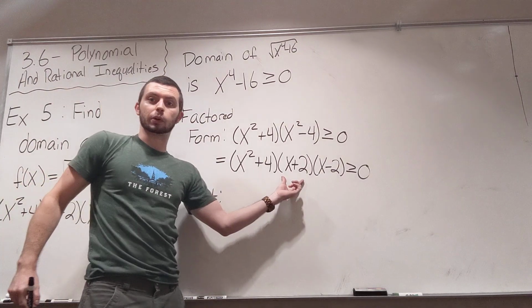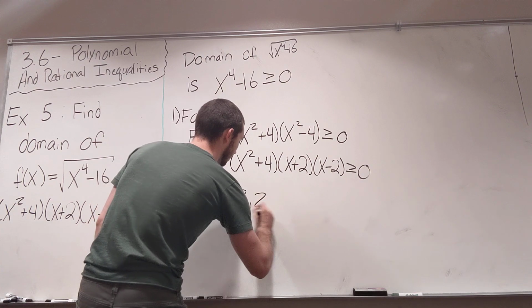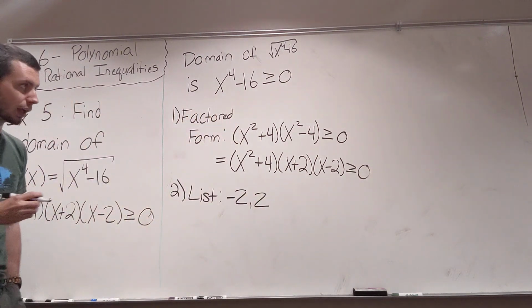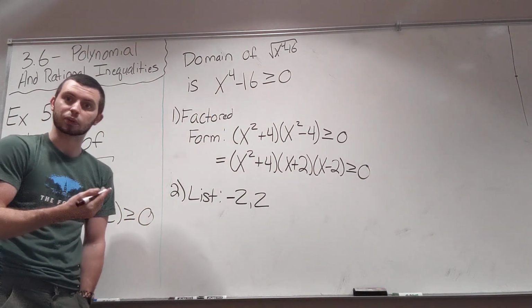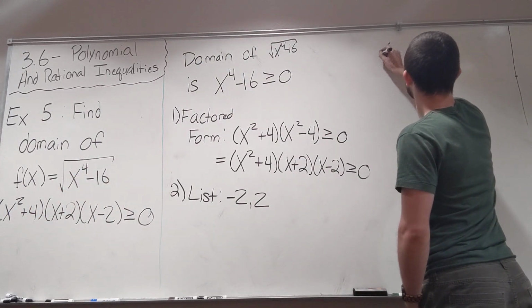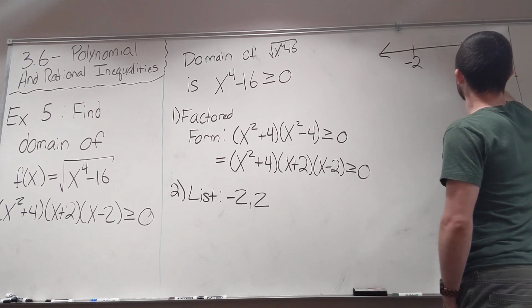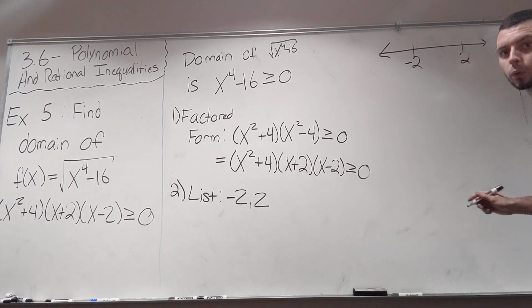But we do get zeros from these two factors. We get negative 2 and positive 2. And from here, we can go ahead and put them on the number line. Here we have negative 2 and positive 2.